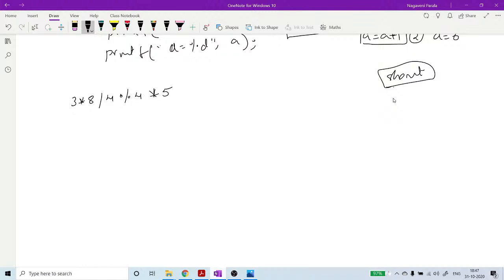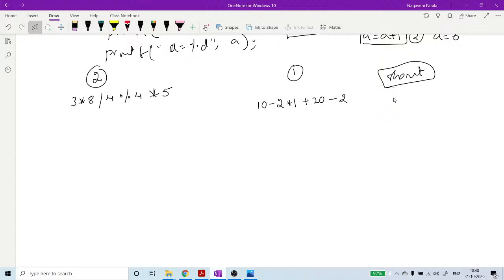So when the expression is given like this, how to do that? Suppose first evaluate this expression 1 and then we'll talk about 2.